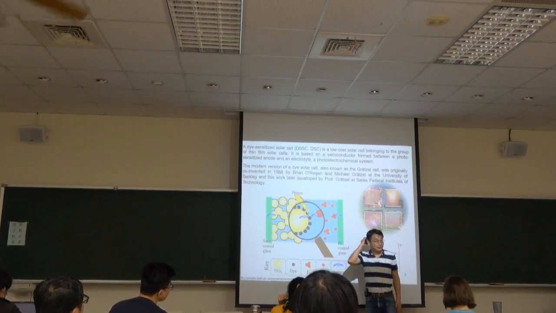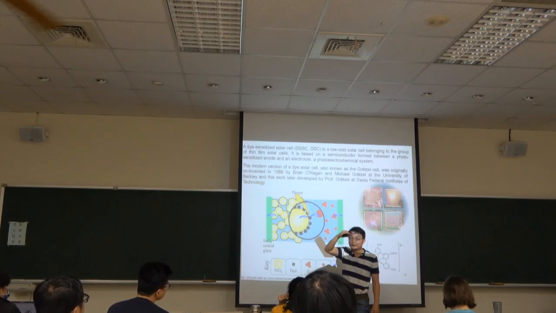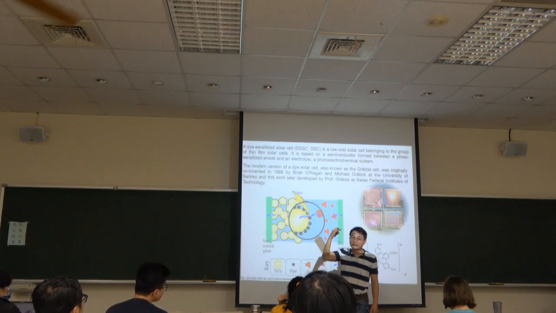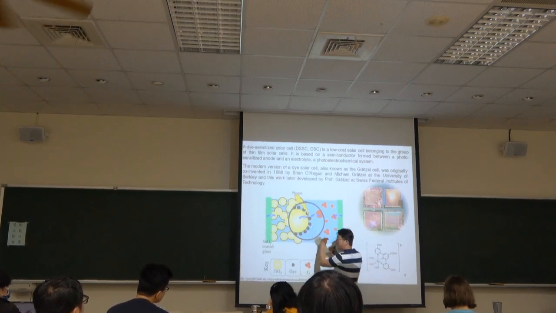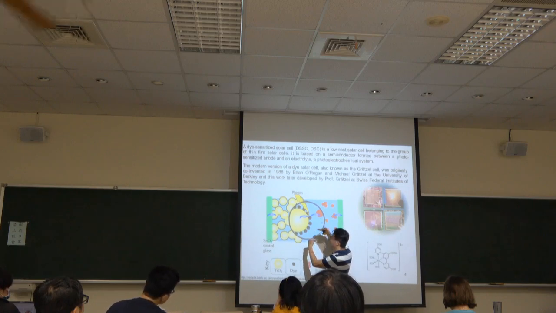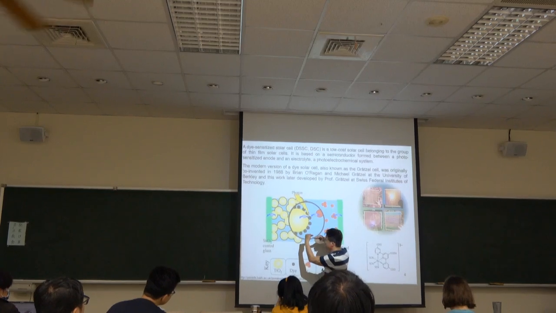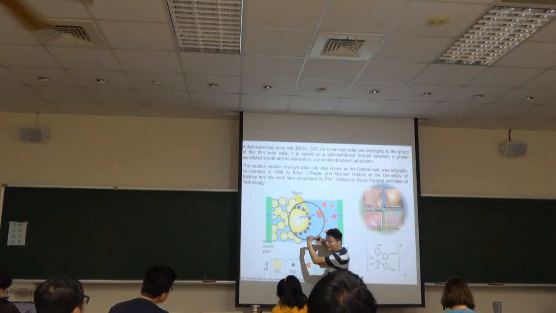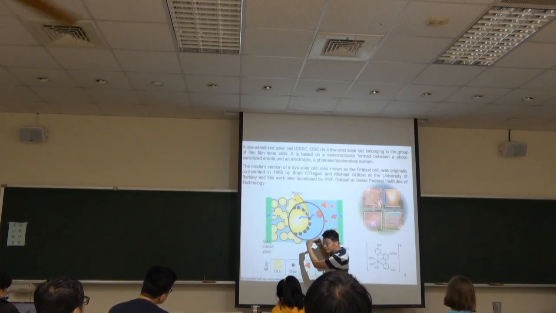So you may ask me, are you sure the electron is transferred in the conduction band of the TiO2? Yeah, later I will show you the mechanism, because this dye is specially designed so that the HOMO, sorry, the LUMO band just meets the conduction band of the TiO2. So therefore you can transfer to the conduction band of TiO2. Later I will show you.